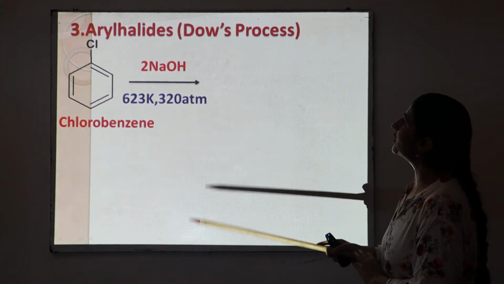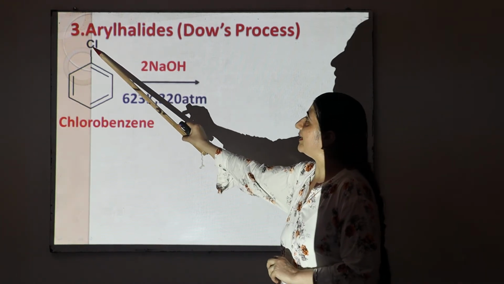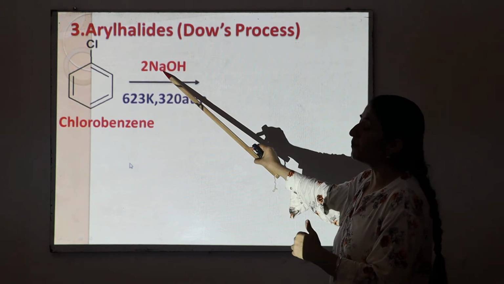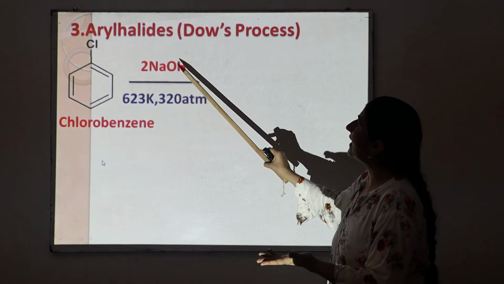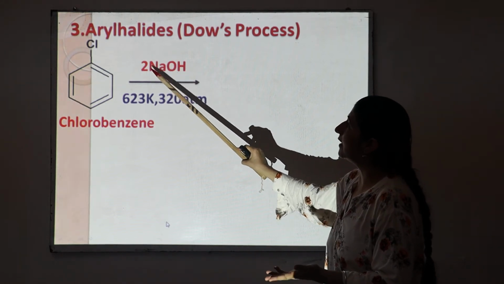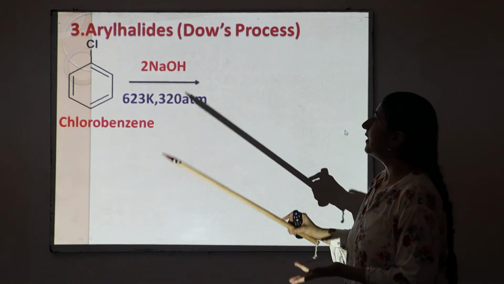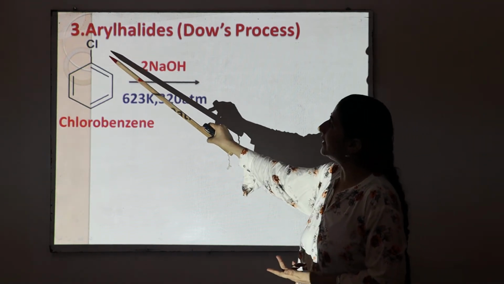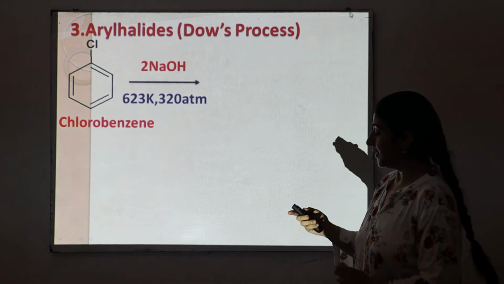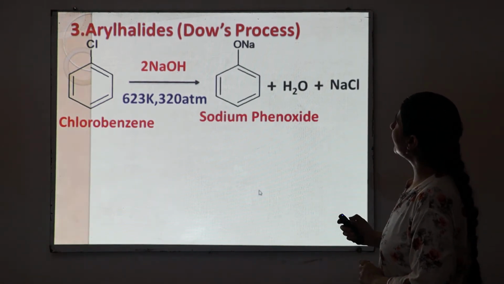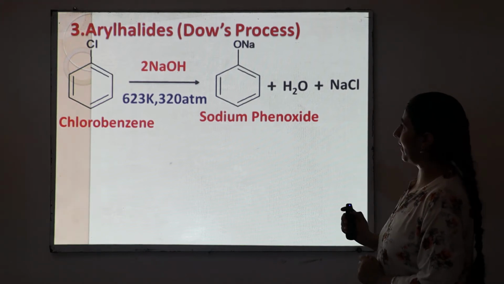In this condition, the chlorine reacts with the sodium and forms sodium chloride, whereas the two hydrogens and an oxygen are eliminated in the form of water. The remaining one oxygen and one sodium combine with the benzene to form sodium phenoxide, with the elimination of water and sodium chloride.